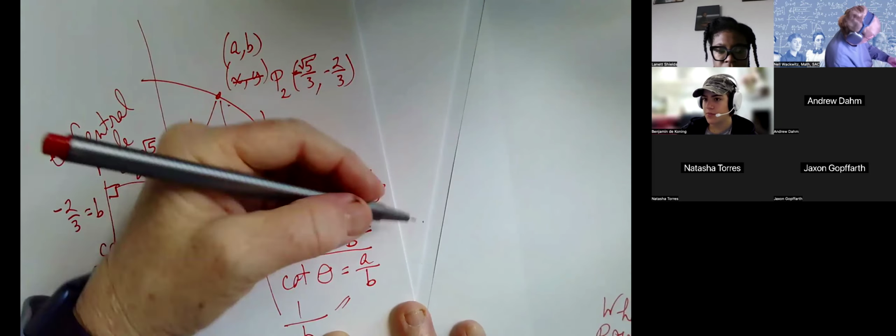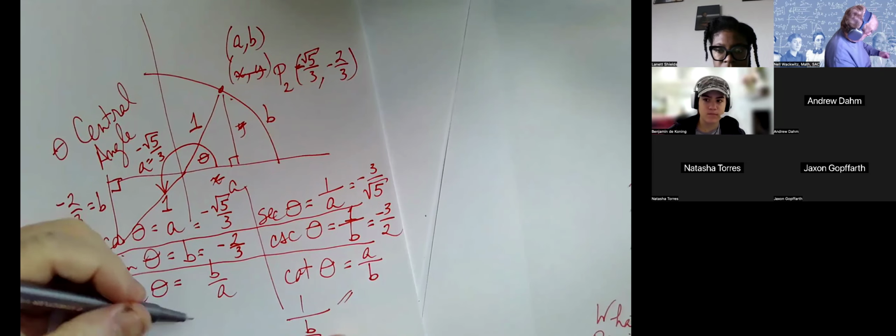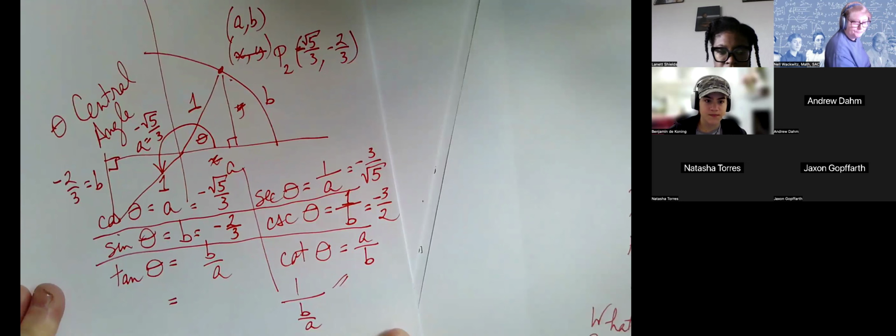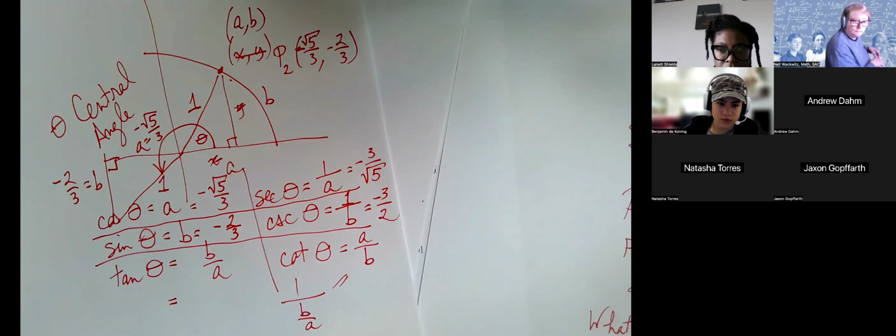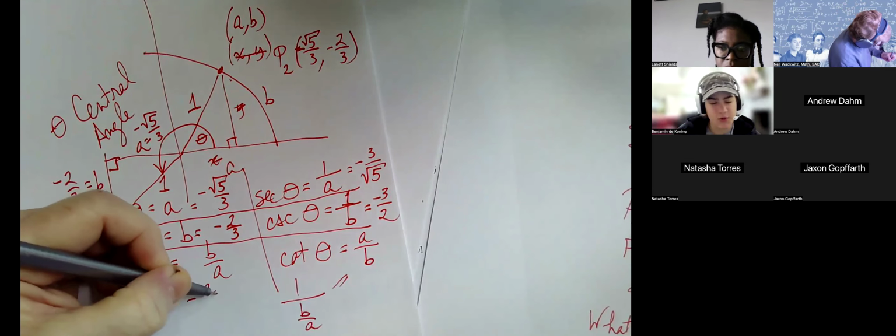Negative 3 over 2. The tangent of theta? Negative 2 over 3 over negative square root of 5 over 3.